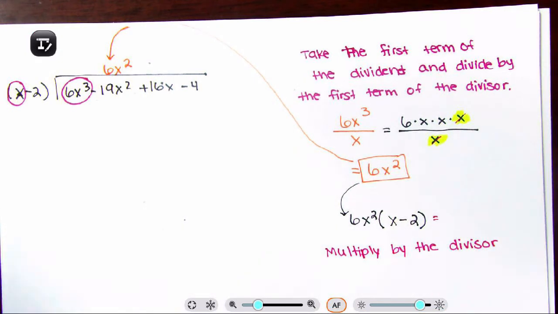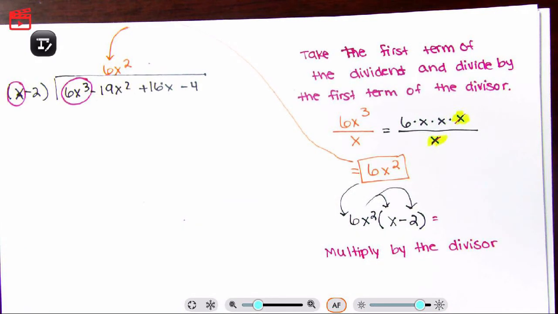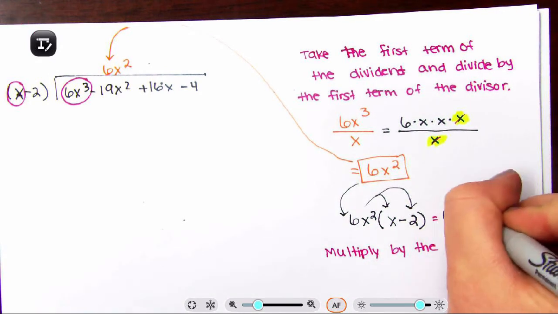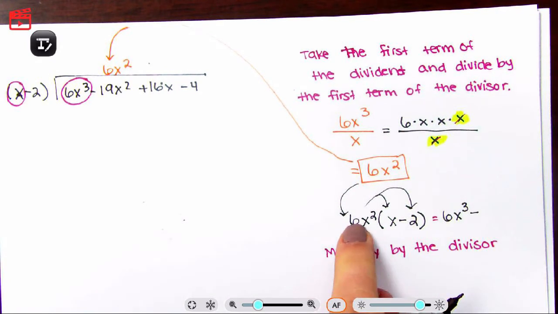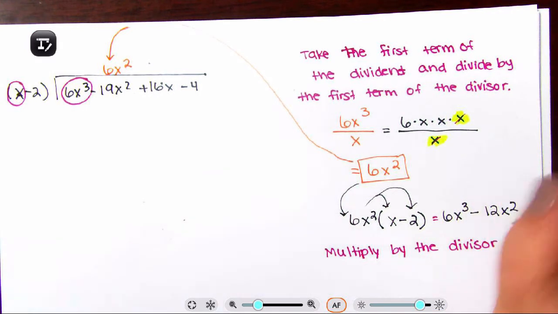You're going to distribute, and if you've done this correctly, you're always going to end up with what you need to cancel out. You'll see that in a second. So it's 6x cubed minus 6 times negative 2, that's negative 12, and I have x squared.